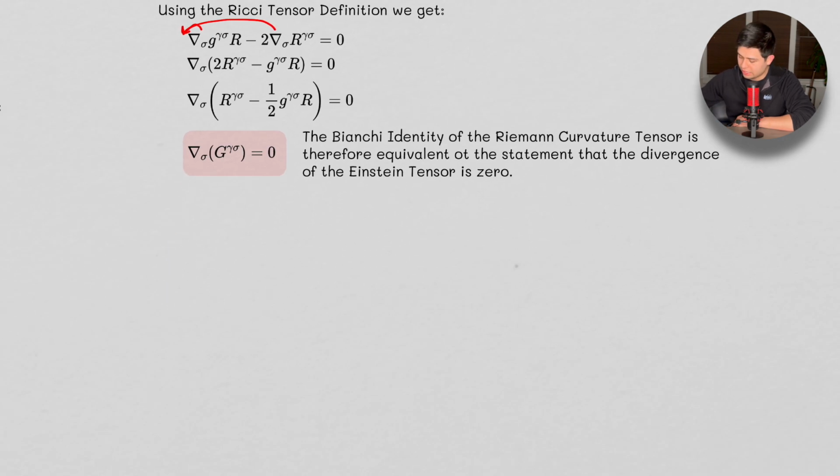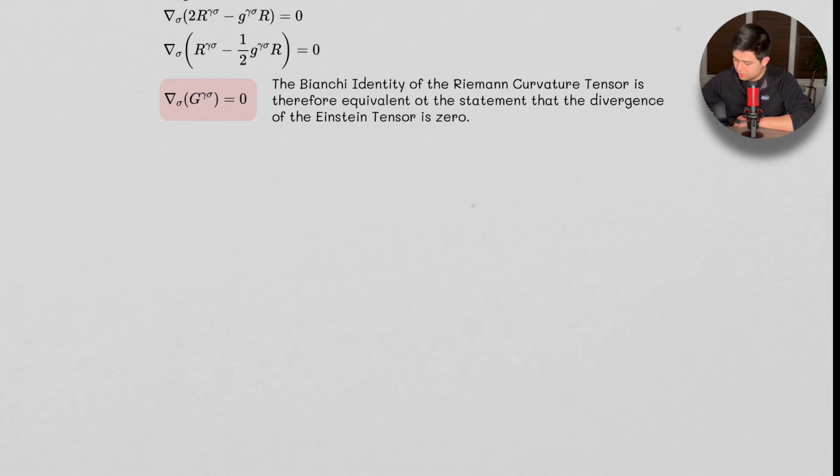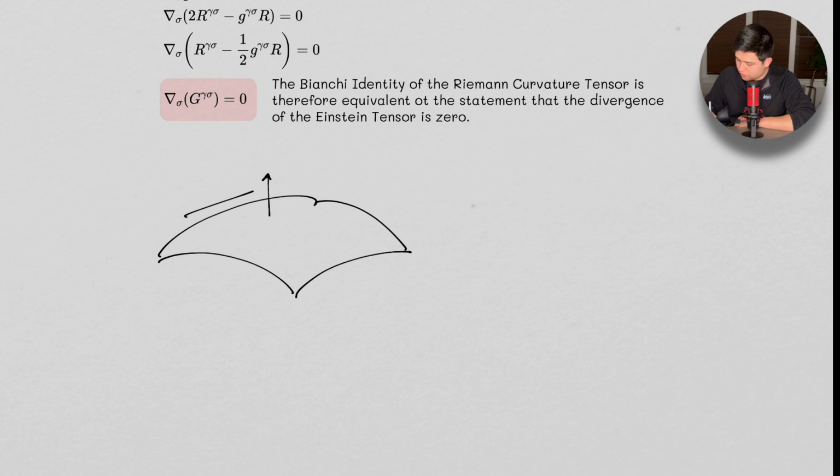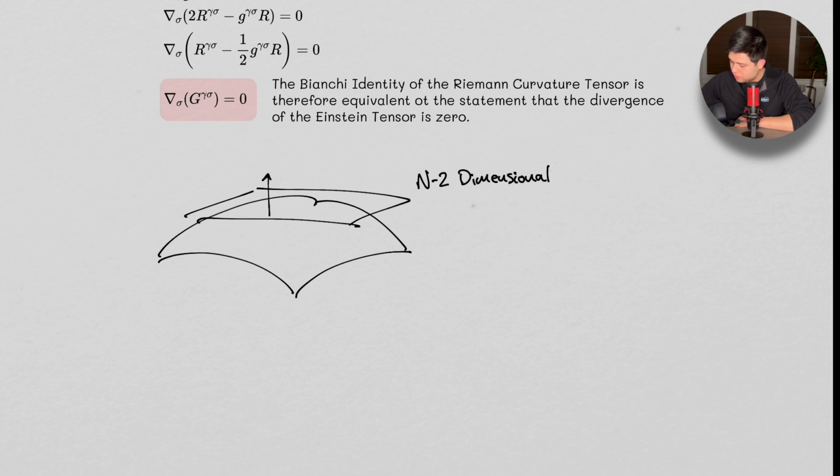The Einstein tensor, again, was this object that identified curvature in a plane, on an n-2 dimensional plane on our manifold of dimension n.